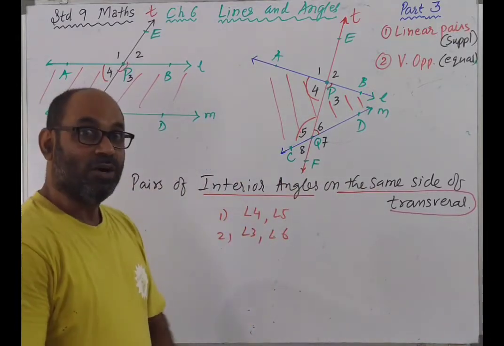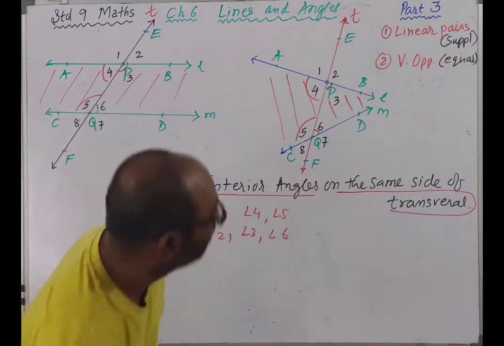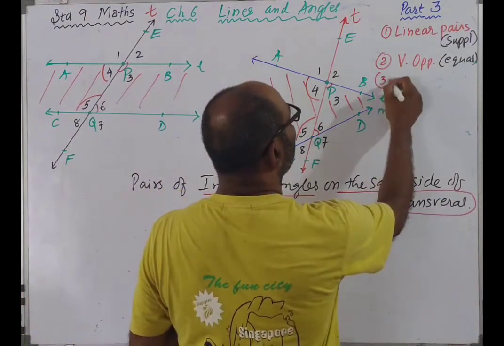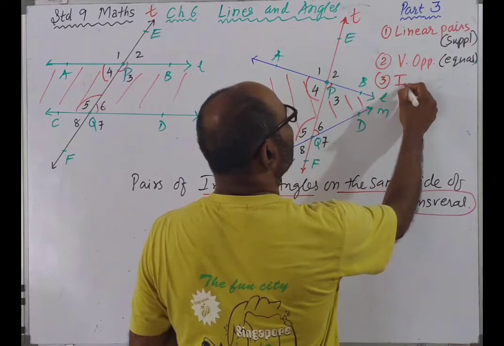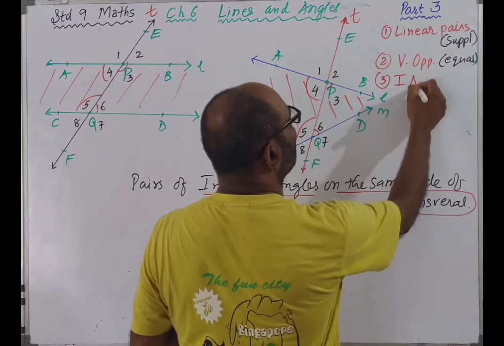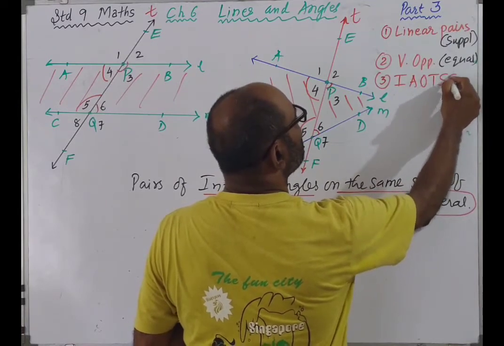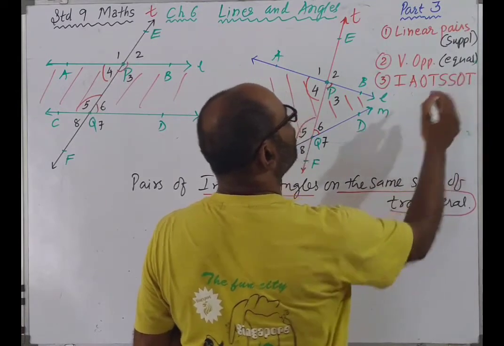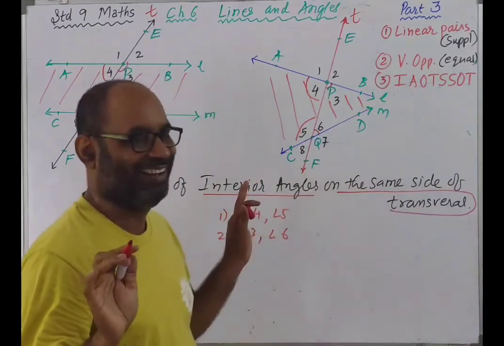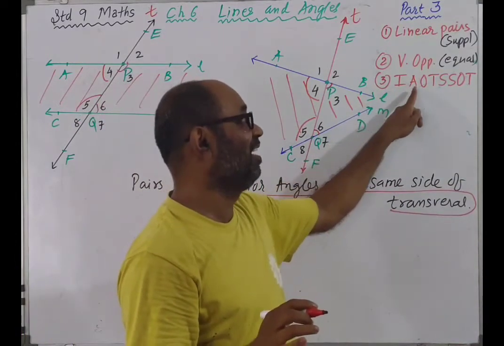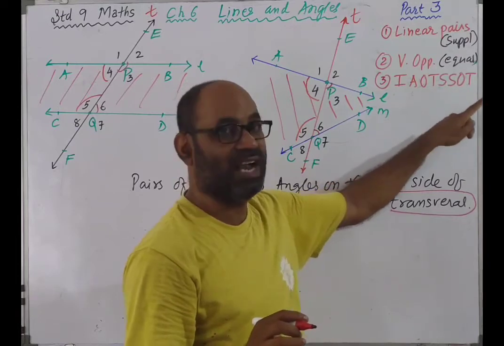Okay, so third, I'll write in brief, children. Pair of interior angles on the same side of the transversal. That is how I wrote it.